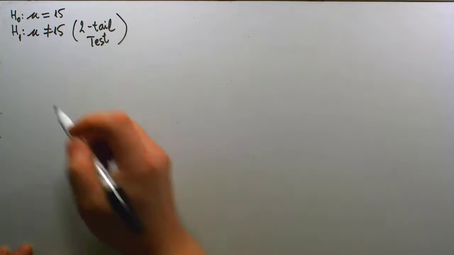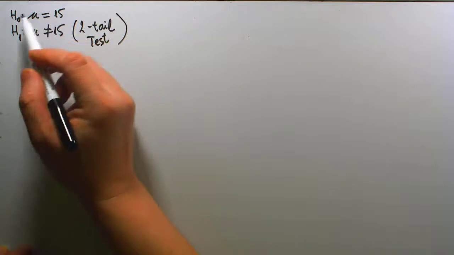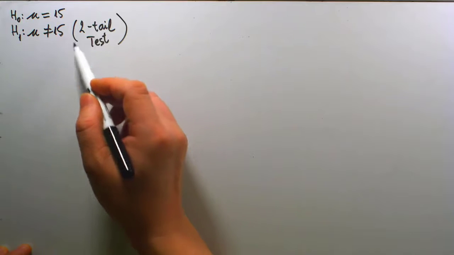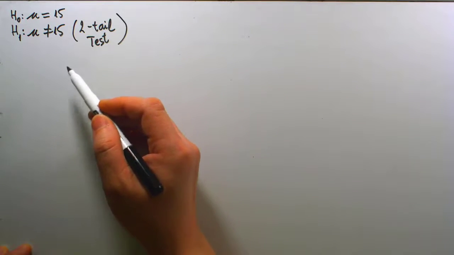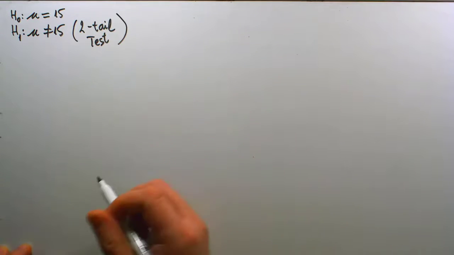So here again I am simply going to proceed into the steps, how to get a problem done as a two-tailed test. But there won't be too much explanation of why and how the steps are connected.